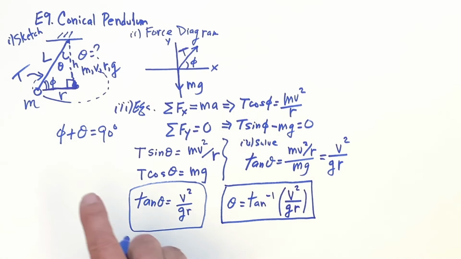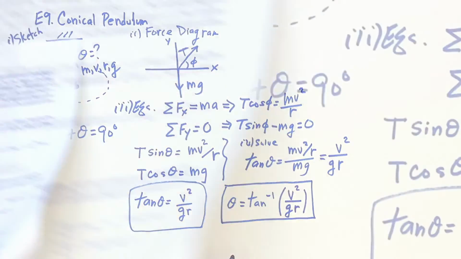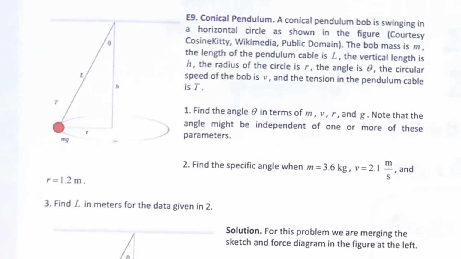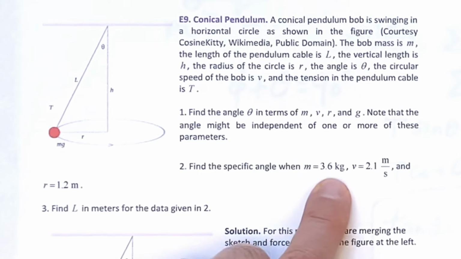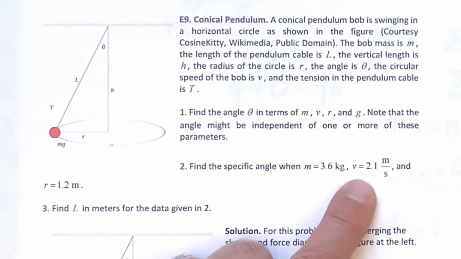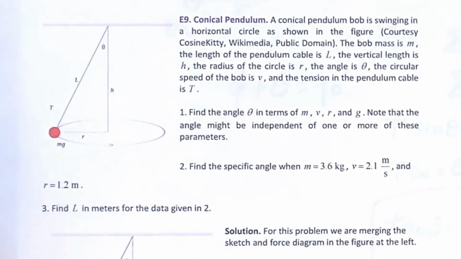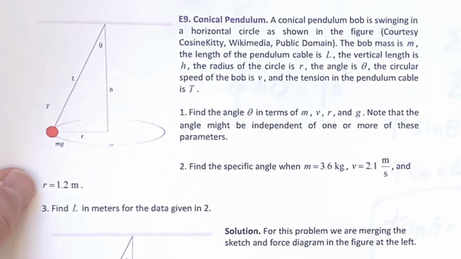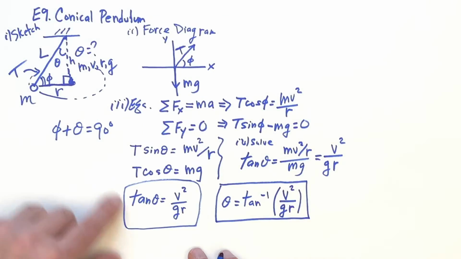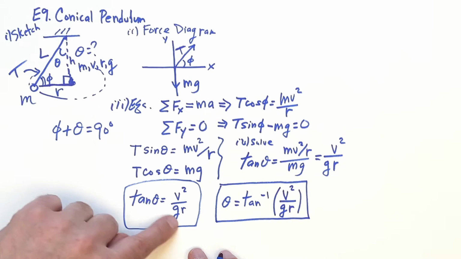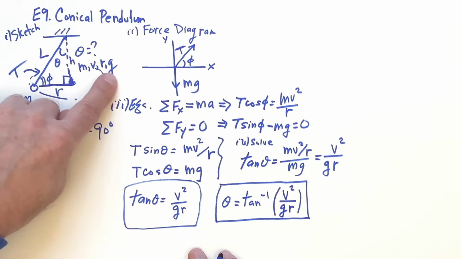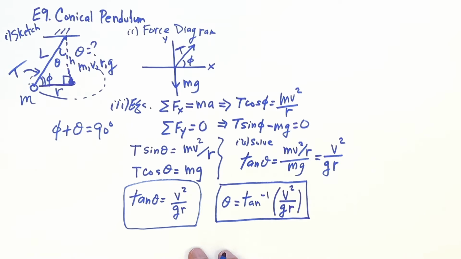Now there was a second part to this problem which has numbers, and that's this part here. Find a specific angle when the mass is 3.6 kilograms, 2.1 meters per second, and the radius is 1.2 meters. But before I do that, let me just show you that the m didn't matter. See, we have v, we have r, and we have g. m didn't matter.